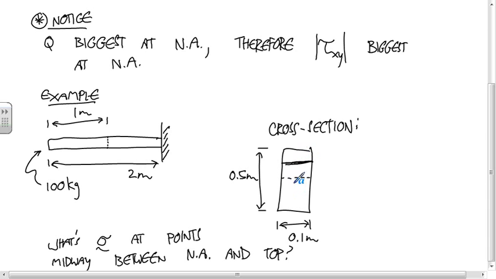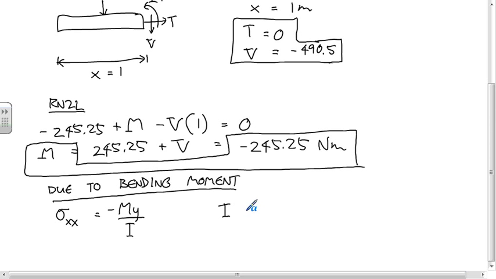What is I for this shape? It's the base, 0.1, times height to the third, divided by 12. So that is 0.1 divided by 96.